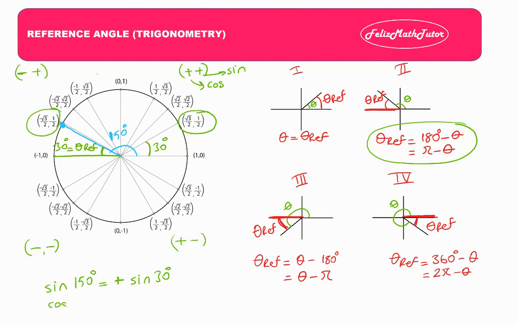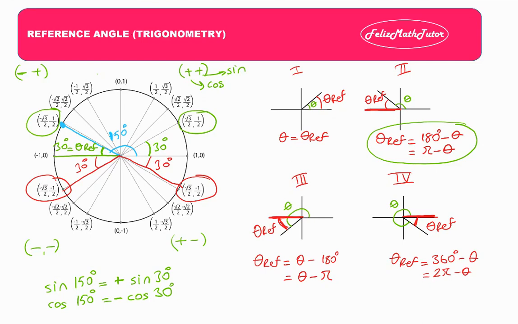But for cosine, it changes sign, right? For cosine, it's minus cosine 30 degrees. You can see in the unit circle what I mean. Similarly, we can see here, because their reference angle is also 30 degrees. So they have the same sine and cosine values, but different signs.